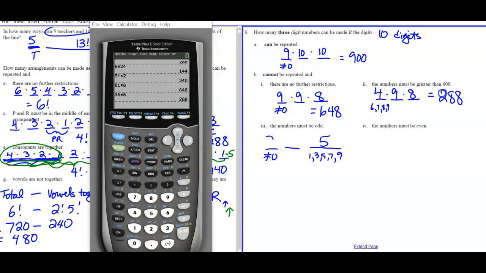That means you have 8 possible digits you can use for the first number, because it can't be 0 and it can't be one of these. Now you've used 2 digits up out of the 10, so you have 8 possible for the next position. So what's that? 40 times 8 is 320.